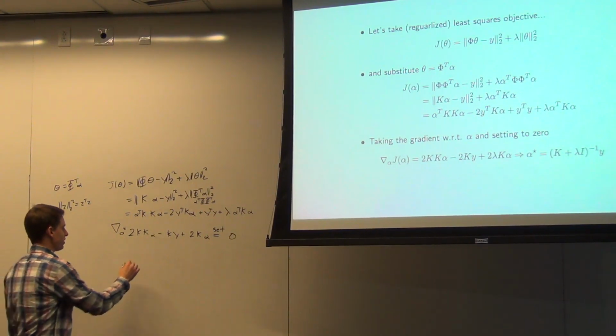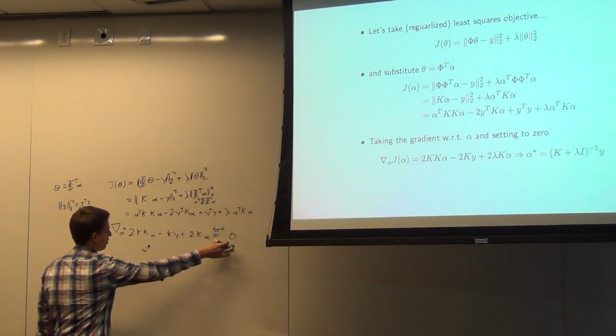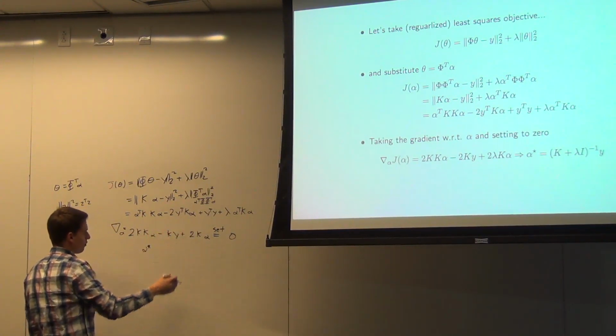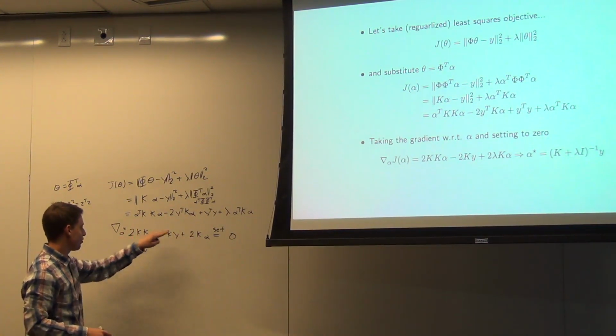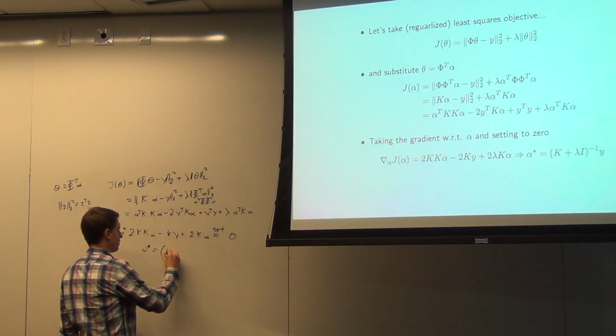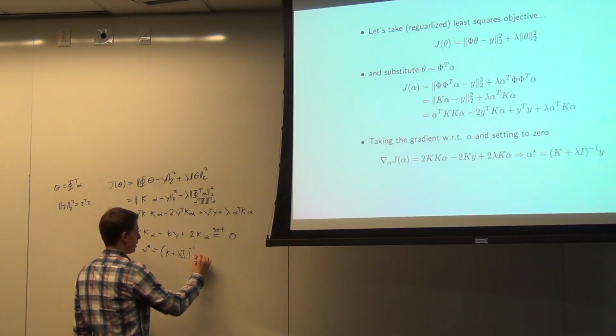And what we get is the solution for alpha. Remember, you move terms to one side, combine them, and multiply through by K inverse, because every term is multiplied by K here. In the end you get alpha star equals K plus lambda I, inverse, times y.